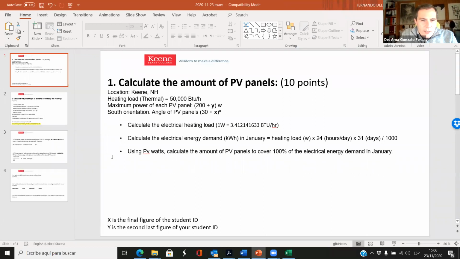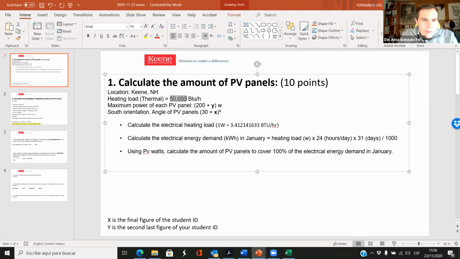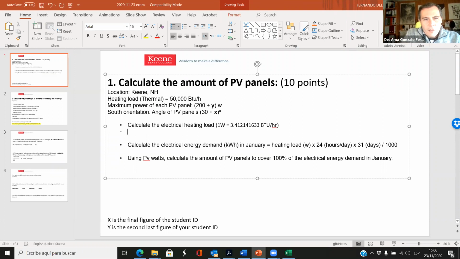And then calculate the electrical heating load. We are in Keene. The heating load is 50,000 BTU per hour. First we have to turn this into watts.